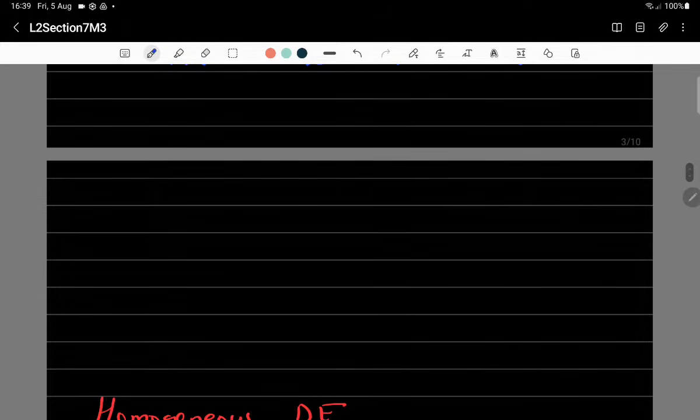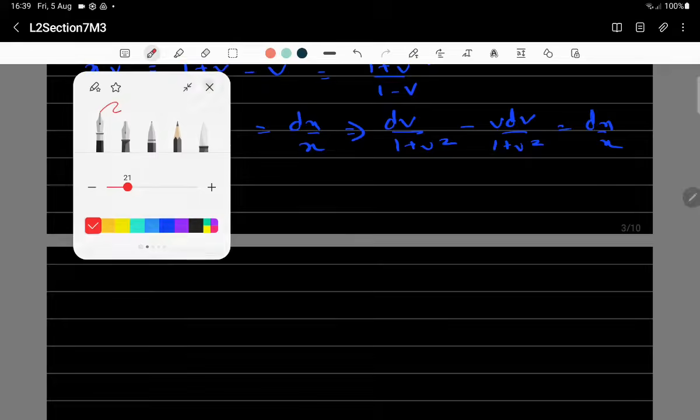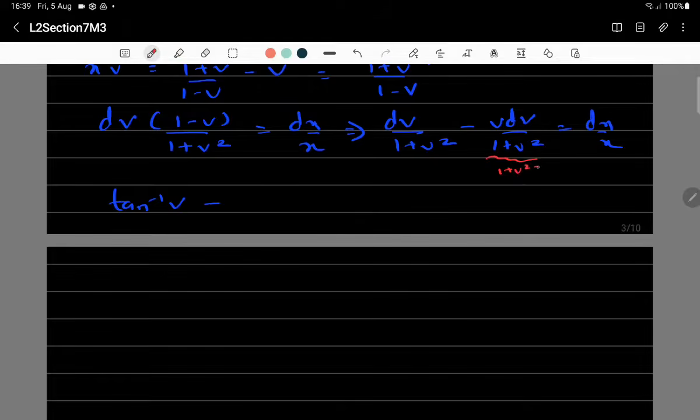Now we can integrate on both sides. dv/(1 + v²) becomes tan⁻¹ v. For the other one you should take 1 + v² as some other variable t, that gives you 2v dv = dt, and therefore, the minus sign remains as it is, and v dv is 1/2 dt, so 1/2 and dt/t, which is log t, so log(1 + v²) = log x + c.